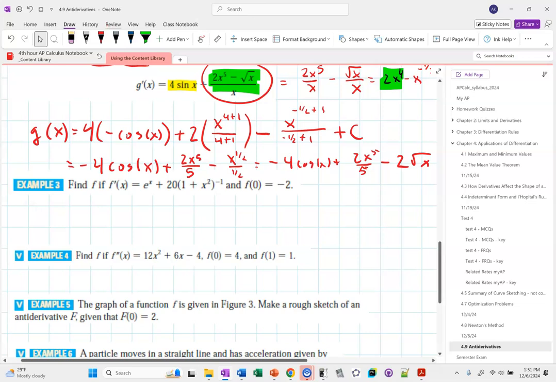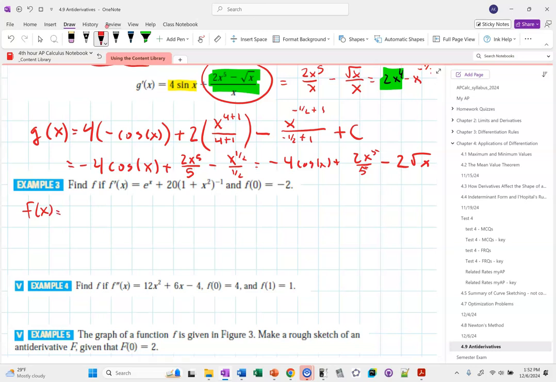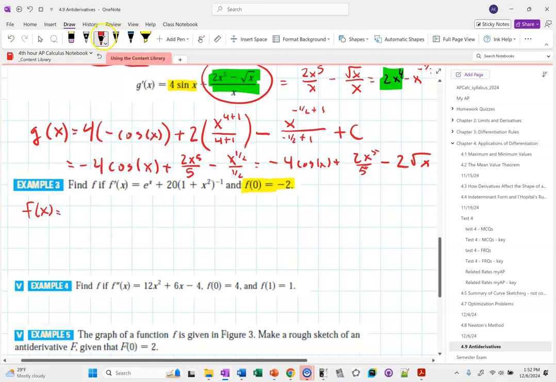It says find f if f prime of x is e to the x plus 20 times 1 plus x squared to the negative 1, and f of 0 is equal to negative 2. Why are they giving me this?